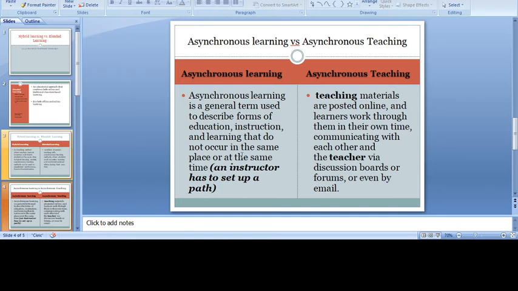It means when the teacher assigns tasks like a flipped classroom, they are not at the same time. Students have to watch these tutorial videos, communicate through emails, and discuss with their mates. A teacher has to set up a path.